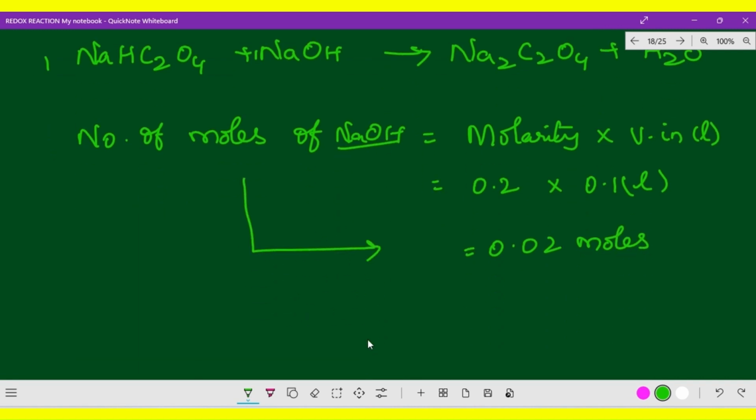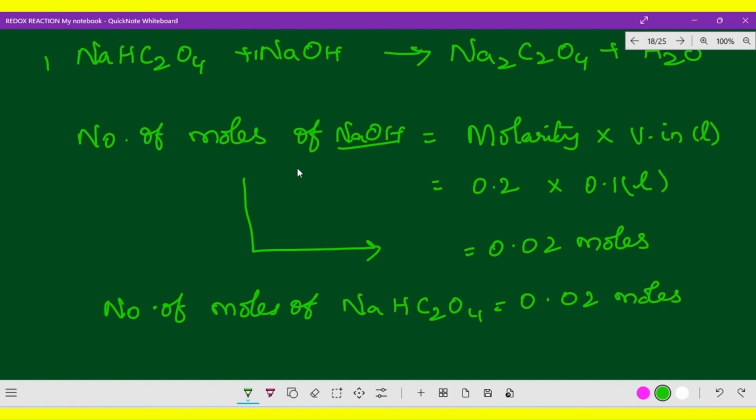Next, since it is 1:1, because sodium bioxalate and sodium hydroxide are both 1 mole, the number of moles of sodium bioxalate is 0.02 moles, because both are the same, right?